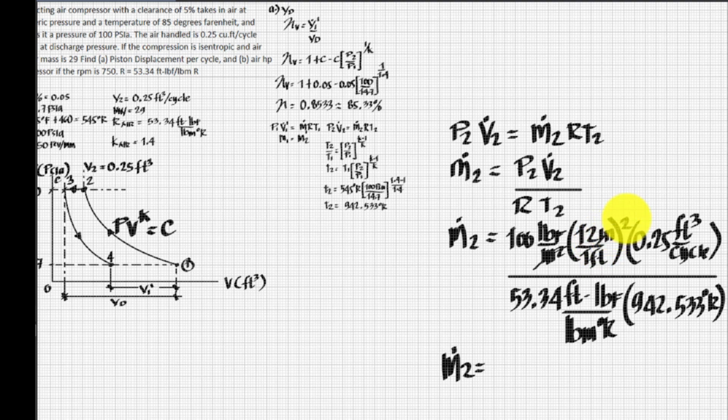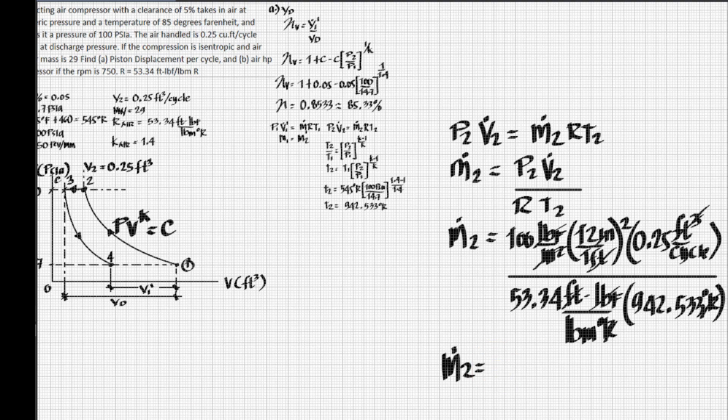Okay, so we have now checked the compatibility of the units. The square inch cancels out, the cubic feet cancels with the square feet, and the pound force cancels, and Rankine and Rankine cancel. We are able to get the units of pound mass per cycle.